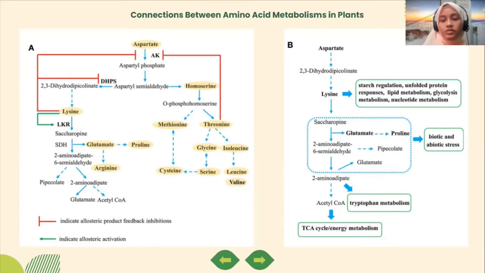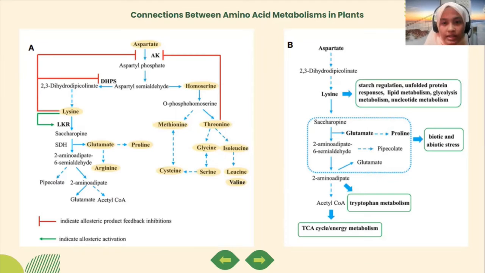Next, we have diagram B, which also starts with the aspartate pathway but produces different amino acids. For example, from 2,3-dihydrodipicolinate, it produces lysine, which has functions in starch regulation, unfolded protein responses, lipid metabolism, glycolysis, and nucleotide metabolism.